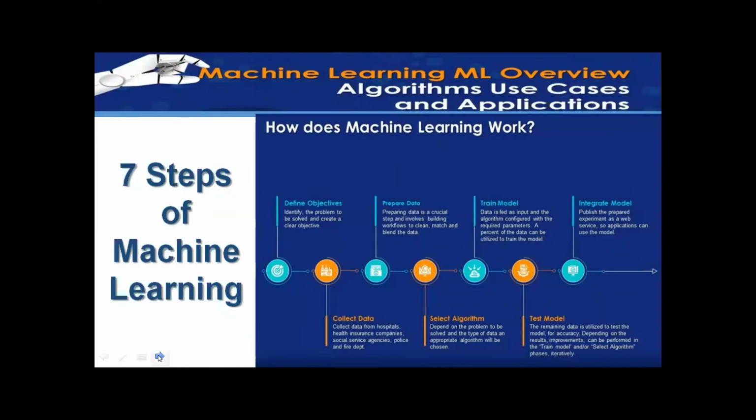So based on these applications, you have to select your algorithms. We have a variety of algorithms available for machine learning techniques. So based on your data set and your problem statement, you have to select your algorithm.